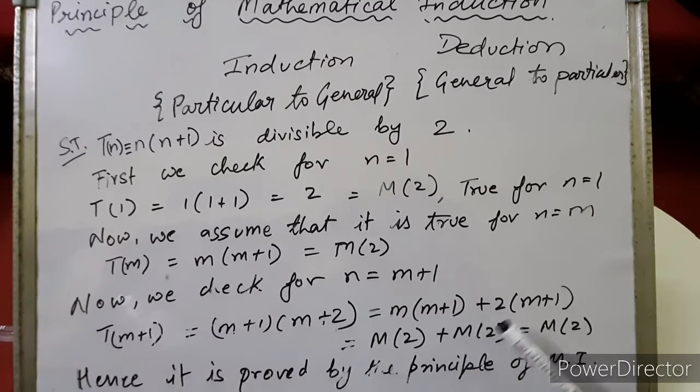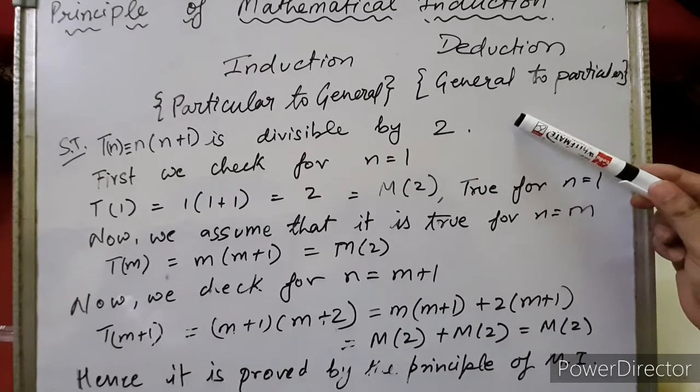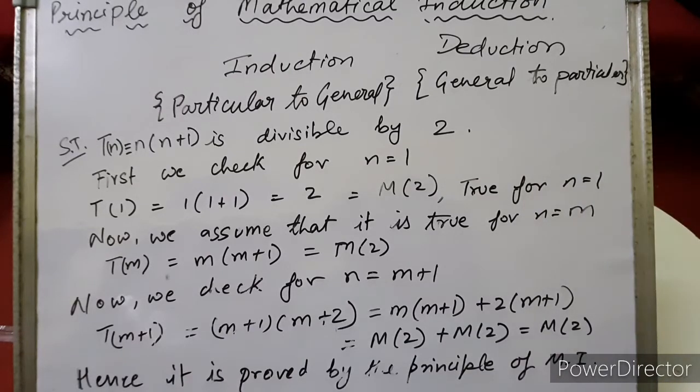Right? So this is also a multiple of 2, and the sum of two multiples of 2 will be a multiple of 2. So now we can say that it is true for m plus 1. So hence we have proved by the principle of mathematical induction that n into n plus 1 is divisible by 2 for all n belonging to natural numbers. Right, children?